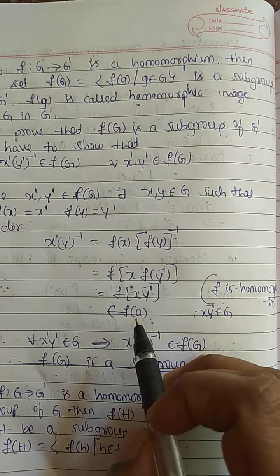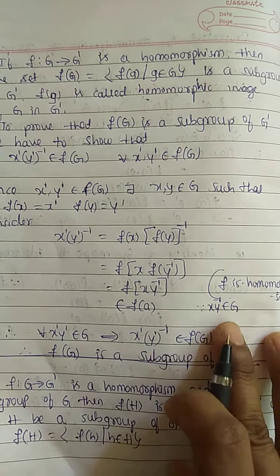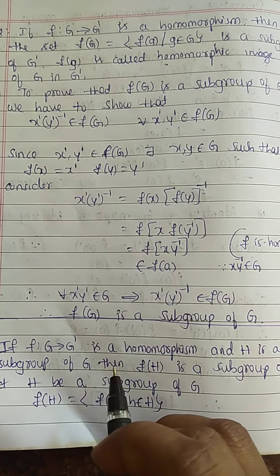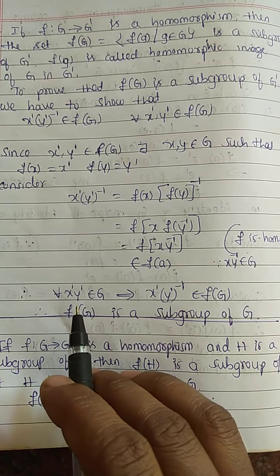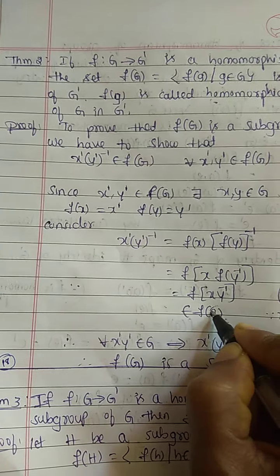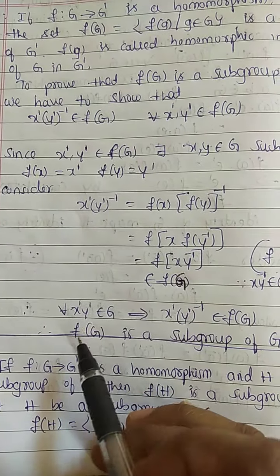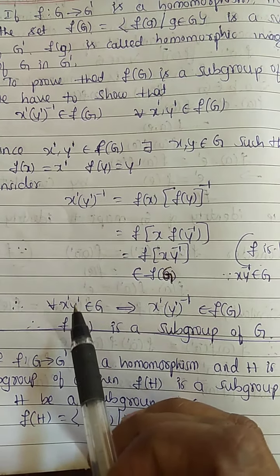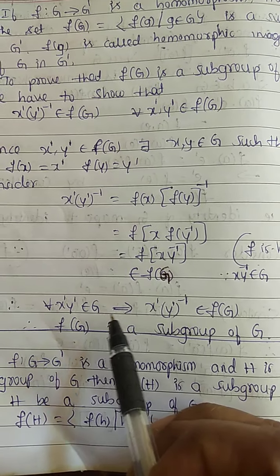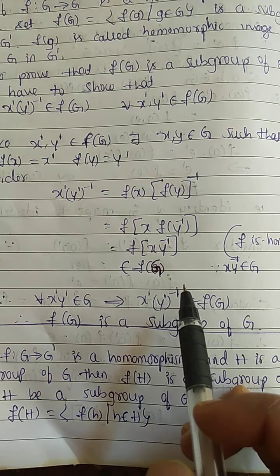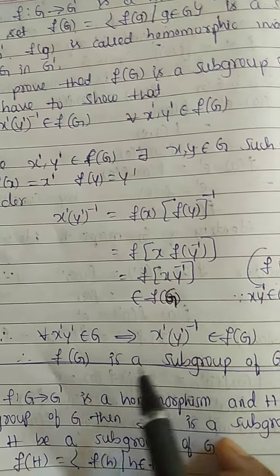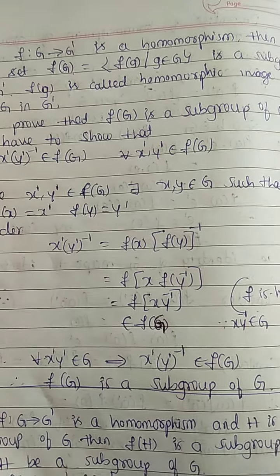This belongs to f of G. Therefore, for every x dash, y dash belonging to f of G, x dash y dash inverse belongs to f of G. Therefore, f of G is a subgroup of G dash.